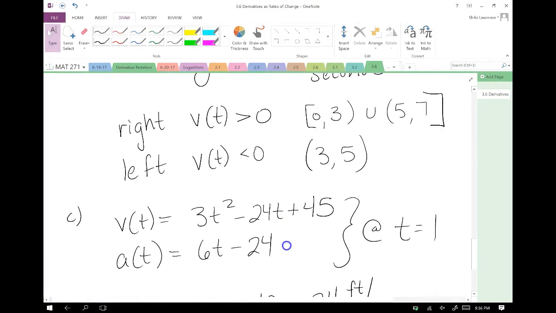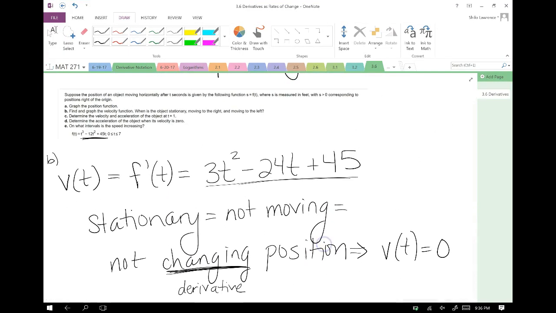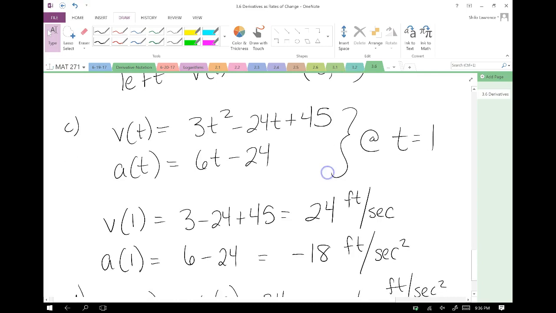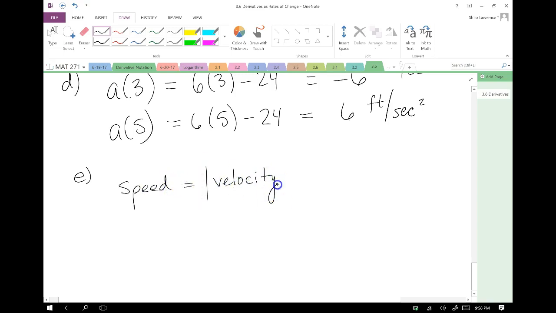And I think we've got one more part to this one. Yep. Part E says, on what intervals is the speed increasing? So we said earlier that speed is the absolute value of velocity.